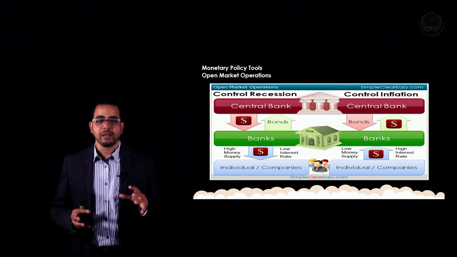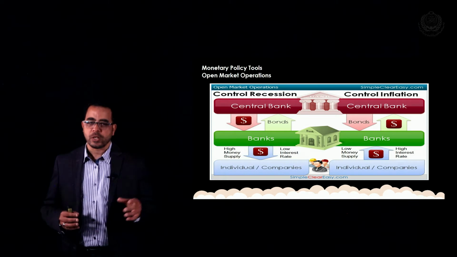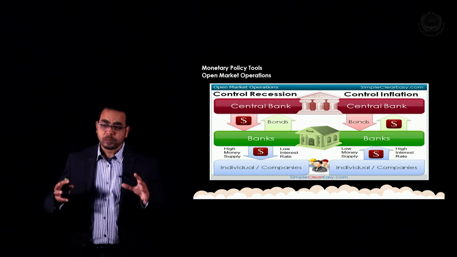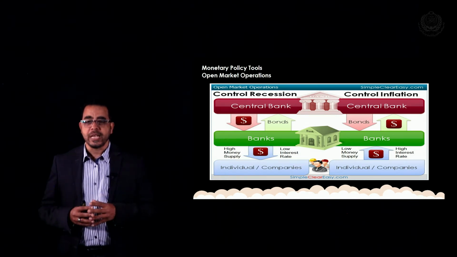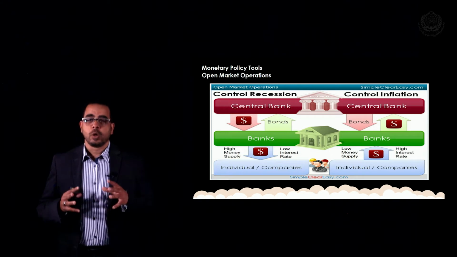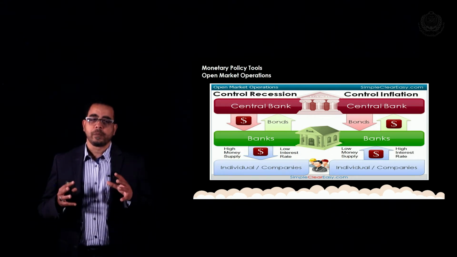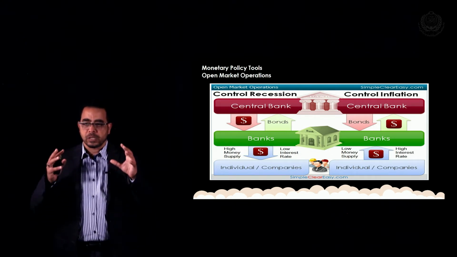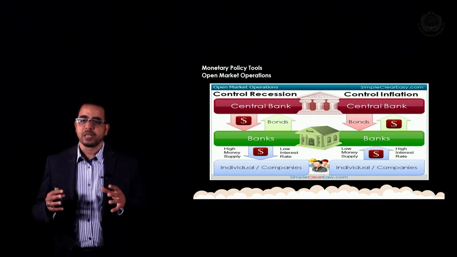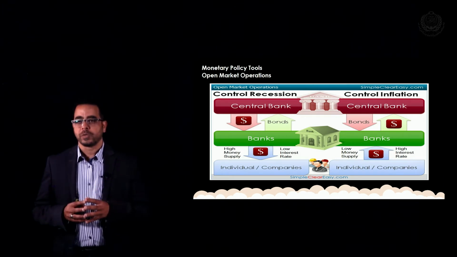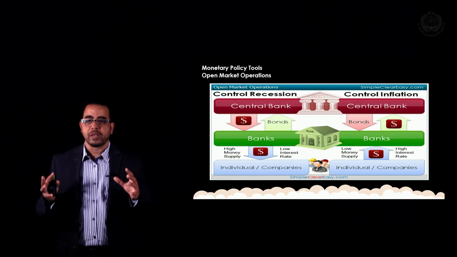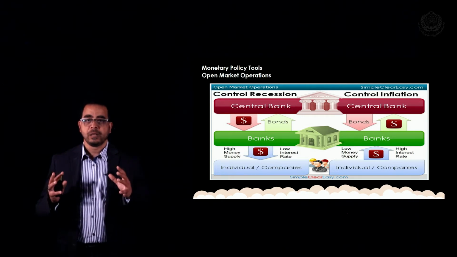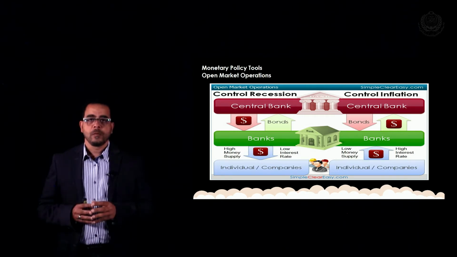So let's say that there is a recession and the central bank wants to increase the quantity of money. What will happen is the central bank will intervene in the market as a buyer of bonds. It will announce that it wants to buy back the government bonds.